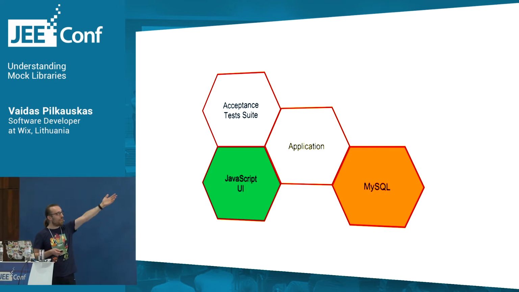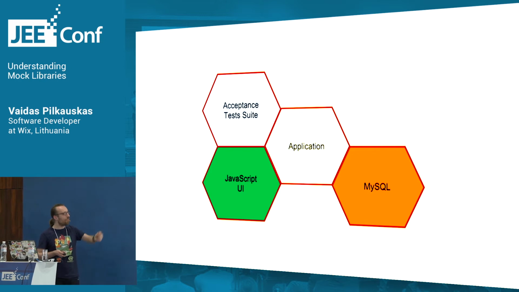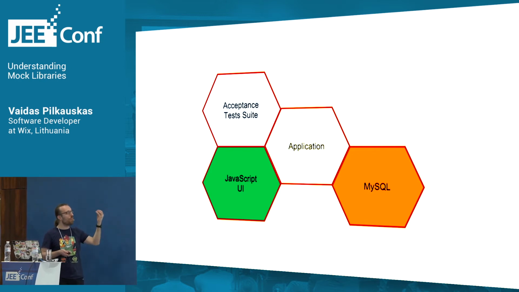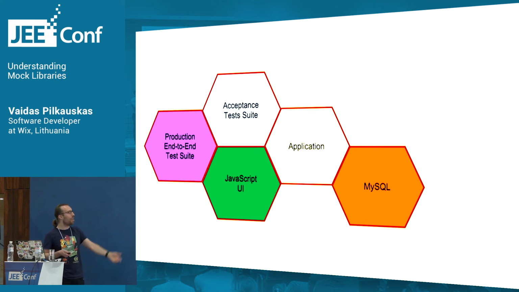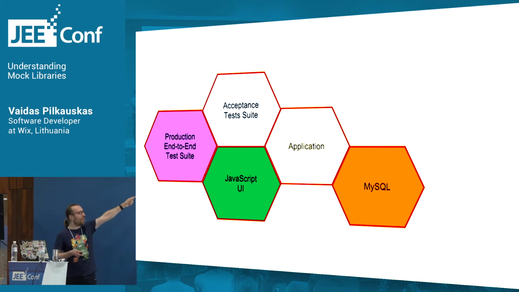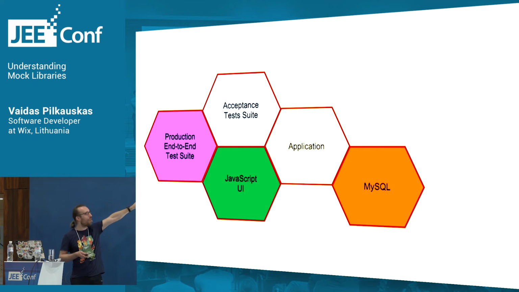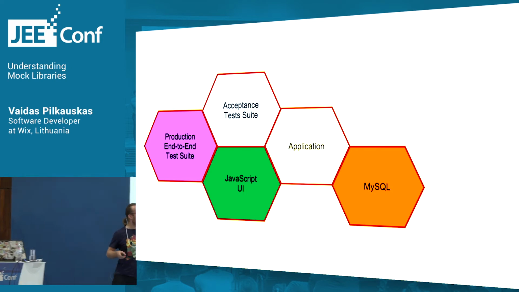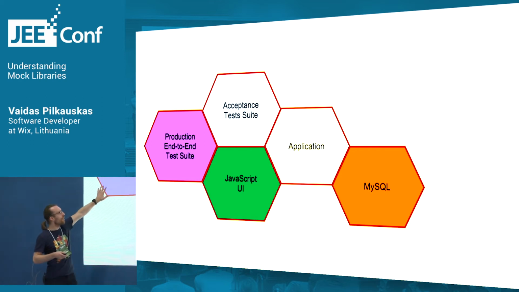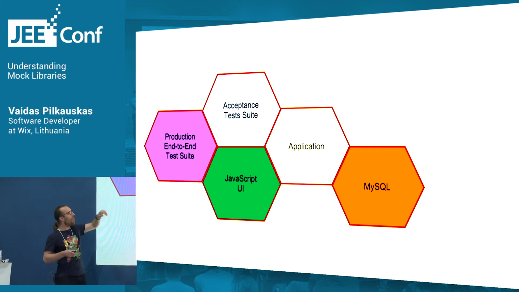The same can be said about the acceptance test suite, which is also an implementation detail that is decoupled from the application. Then we can talk about production end-to-end tests, which run in our production system. It doesn't care if this one is real or fake, so we can bring this one to production and make it work in production.